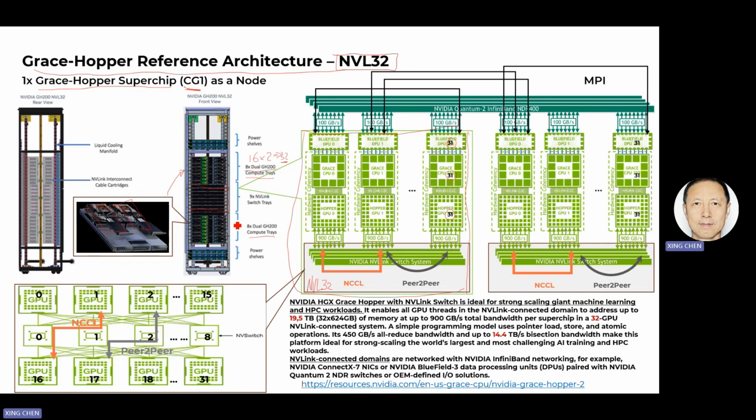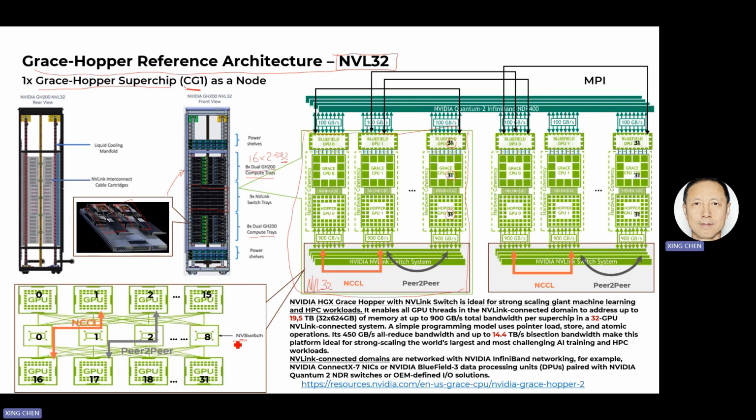Okay. And then you have the logical view of this NVLink network. Basically, to interconnect all these 32 GPUs, you need to have 9 NVLink switches.